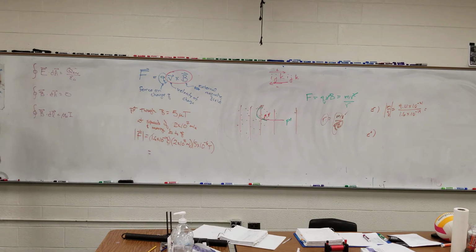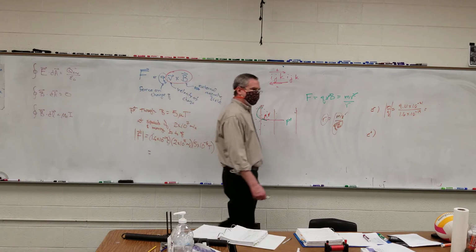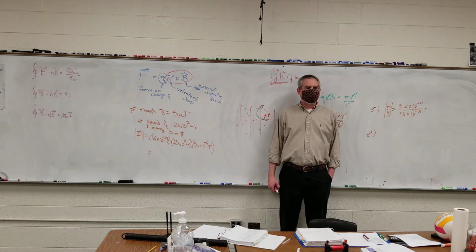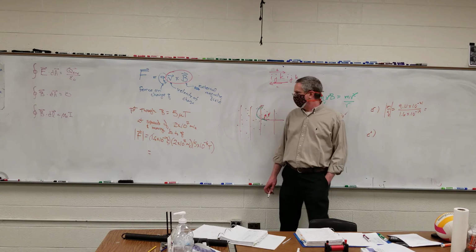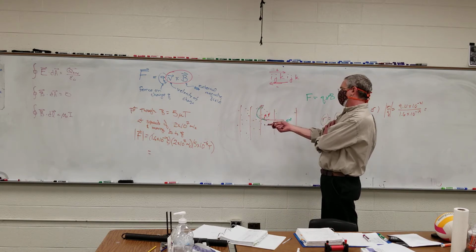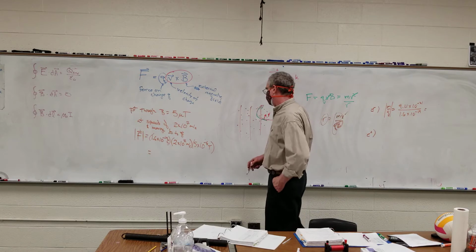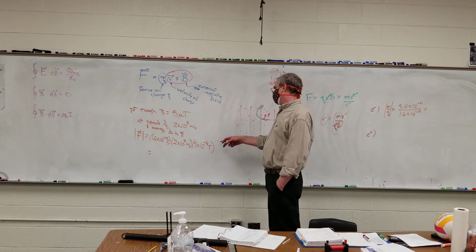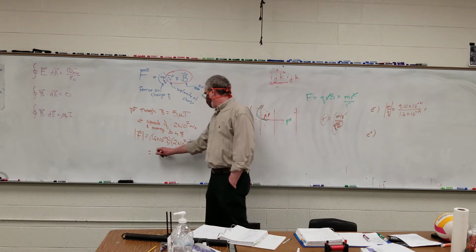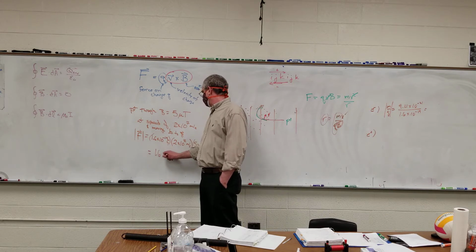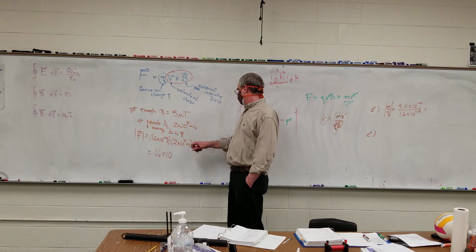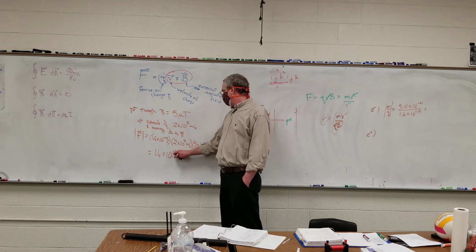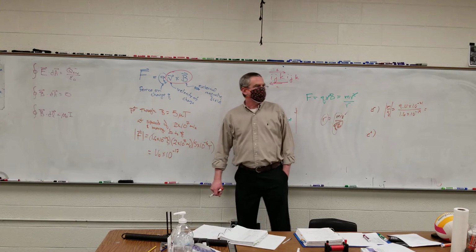And we end up with a magnitude of force being, 5 times 2 is 10, so it's 1.6 times 10 to the negative 17. That's right. Okay.